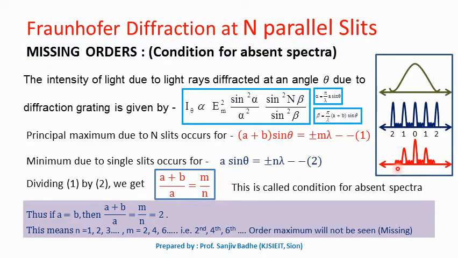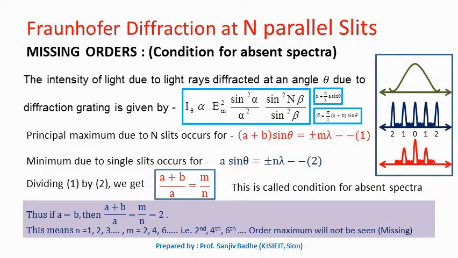We have seen the intensity distribution in case of diffraction grating is the product of the two graphs. This is the Em square sin square alpha upon alpha square graph, which represents the effect of a single slit, and this is the sin square N beta versus sin square beta graph, which represents the combined effect of N number of slits, and the final intensity distribution is the product of the two graphs.